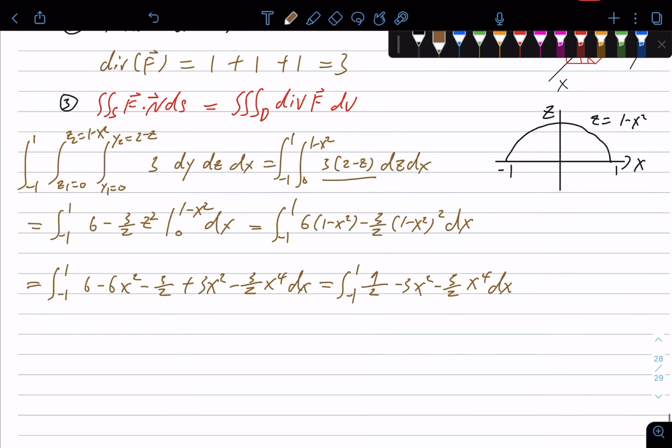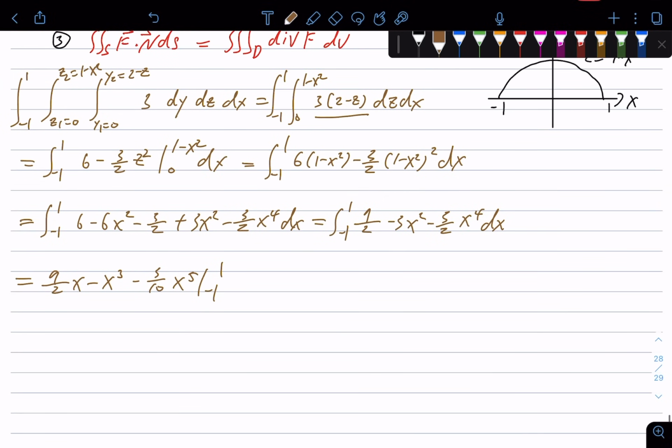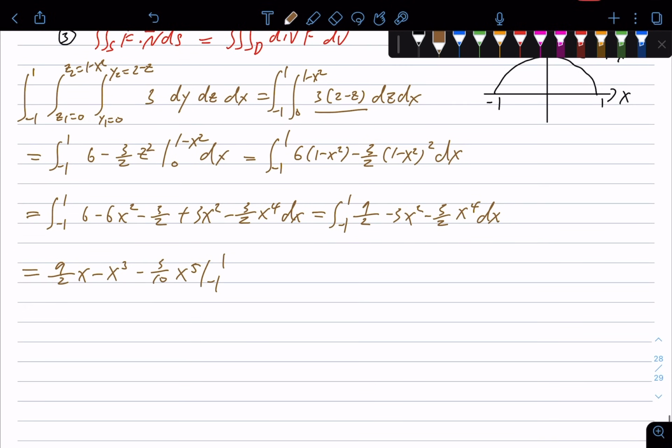Okay, so this is just all algebra and then basic calculus, and then we're going to end up having 9/2 x minus x cubed minus 3/10 x to the fifth, from negative 1 to 1. We're going to evaluate this component by component.